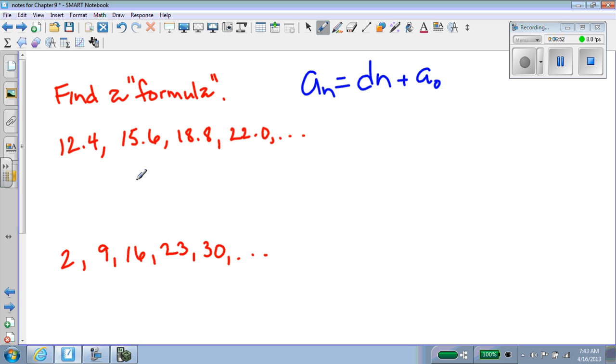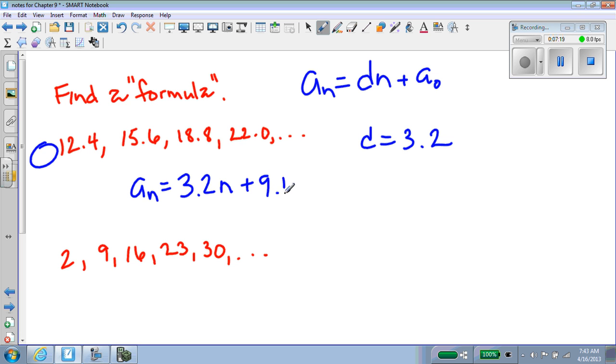So let's find a formula. A sub n is equal to, well, first let's establish that it's arithmetic. So I'm adding 3.2, adding 3.2. So my common difference is 3.2. So 3.2n plus, let's see, if I subtract 3.2, I get 9.2.